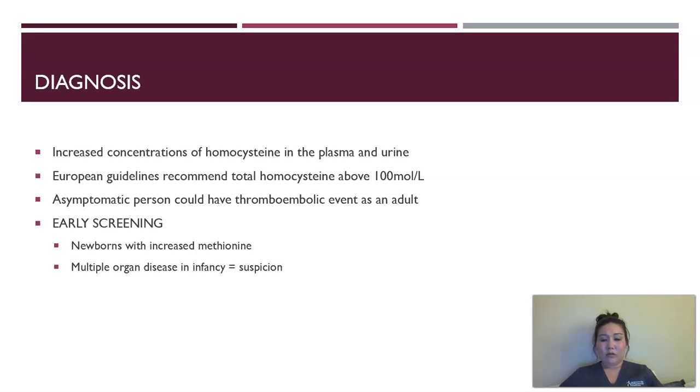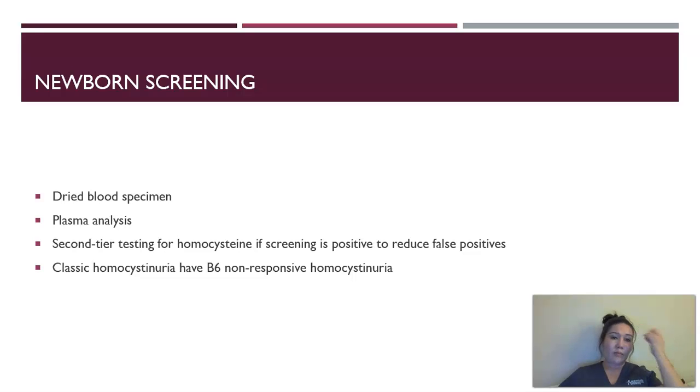All right, and so let's focus a little more on newborn screening. They use either a dried blood specimen or a plasma analysis. It just depends on the screening. If their levels for methionine are high and it comes back as positive, then they will test for homocysteine, a second tier test to make sure there's no false positives.